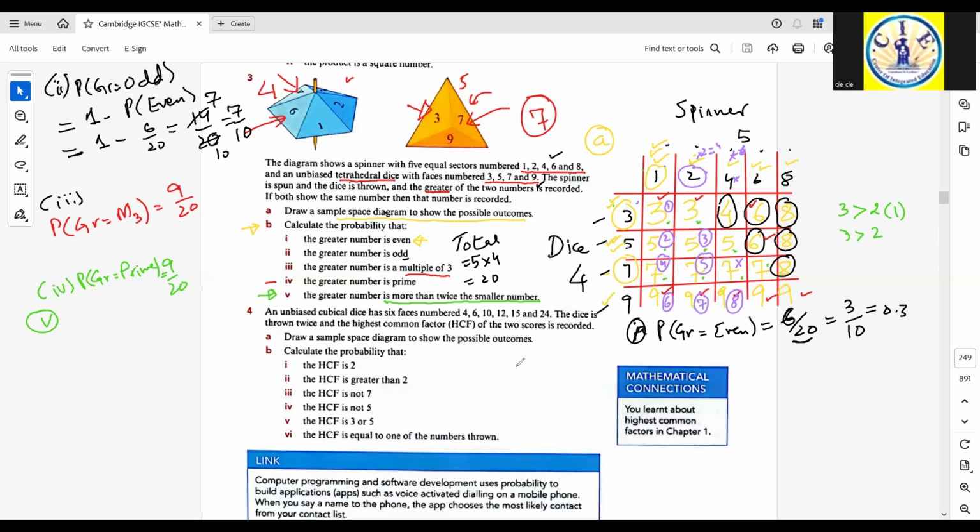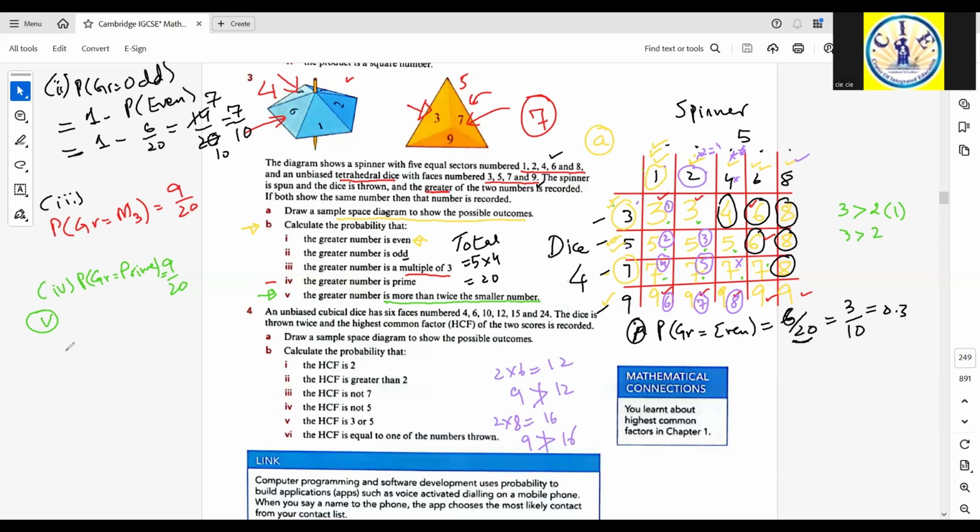Since 2 times 6 will give me 12, and obviously 9 is not greater than 12. And for 9 and 8, twice of 8 is 16, and obviously 9 is not greater than 16. So altogether, I've got these 8 numbers.